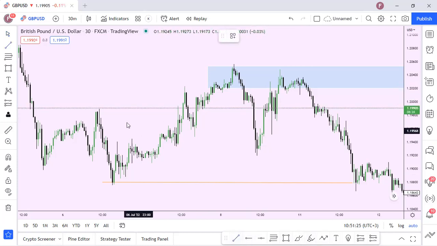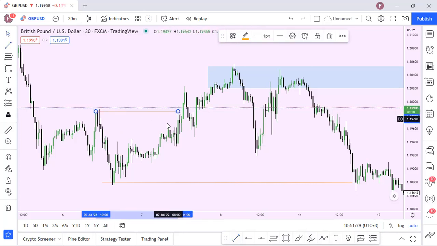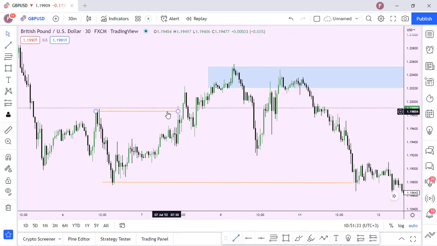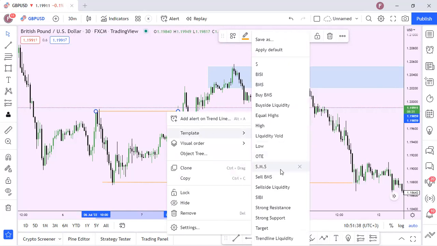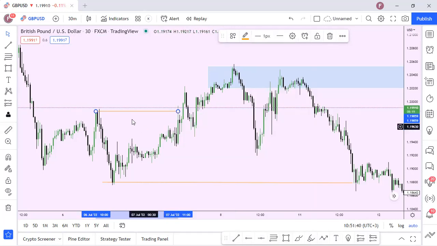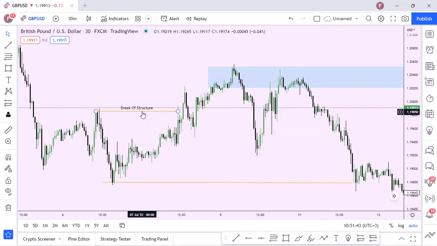So when the market went to that higher high, you can see that this lower high was broken, and now we have a break of market structure here. It is a BMS. We have the break of market structure or break of structure.